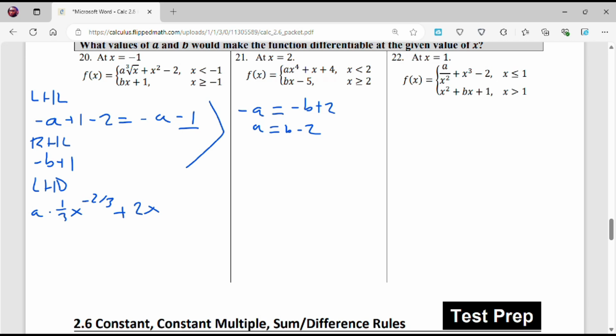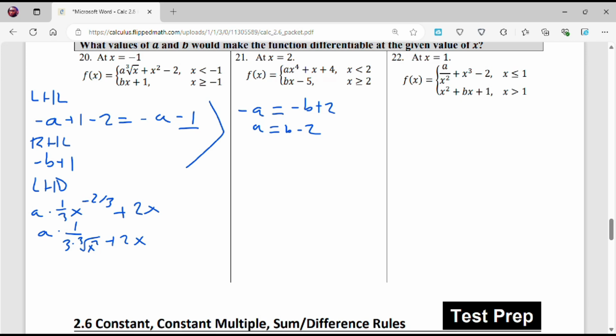Now we're going to plug in our, actually, I'm going to do this just so you guys can visualize this better. So a times 1/3 times cube root of x squared plus 2x.